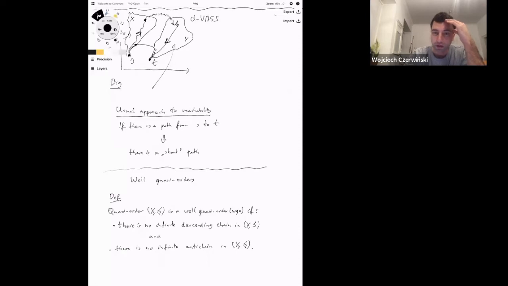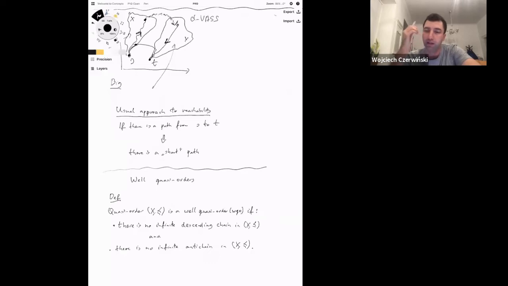Okay, so well quasi-order. A disclaimer: a well quasi-order is not a quasi-order which is well. Being well-ordered is not containing an infinite descending chain. So a quasi-order which is well fulfills the first condition, but it doesn't necessarily fulfill the second condition of having no infinite anti-chain.